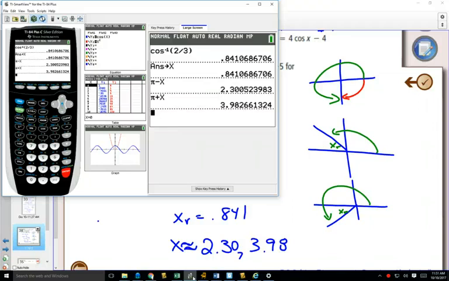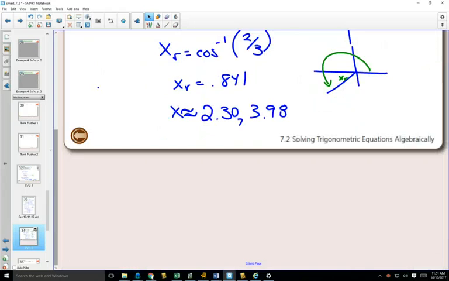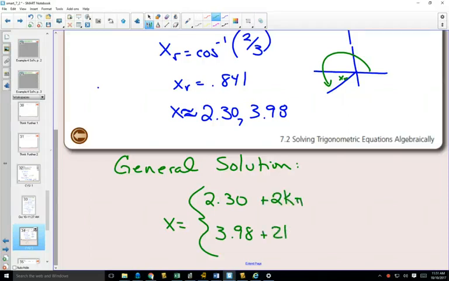So now that we've got our two answers here, it says then write the general solution. So remember, how do we find our general solution? Well, if we first solve between 0 and 2 pi, which we have, we can then write both of those answers, 2.30 and 3.98, and add 2k pi to each of them, where k is an integer.